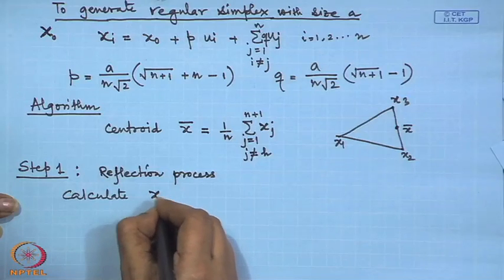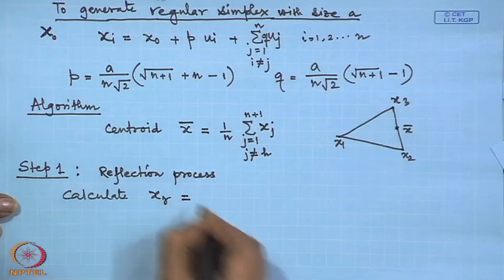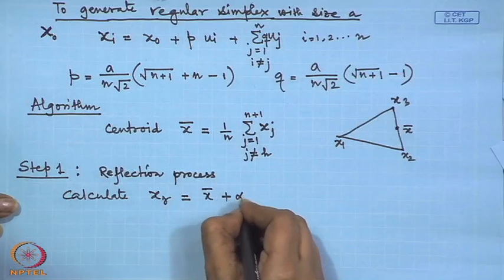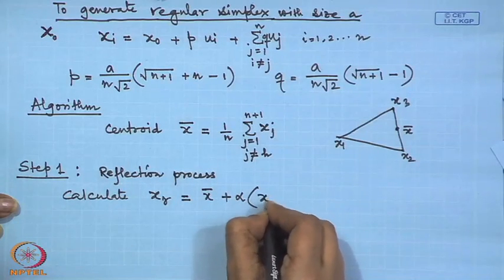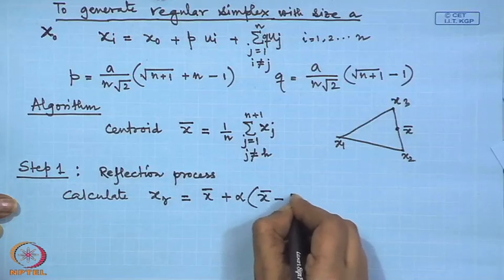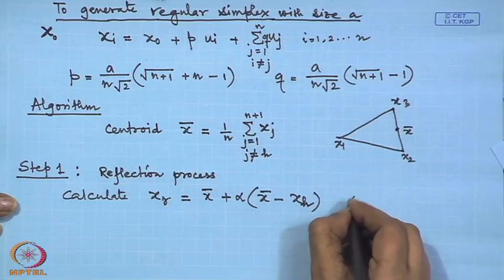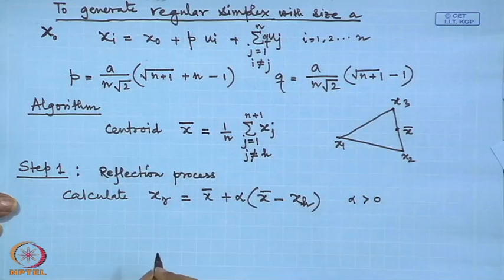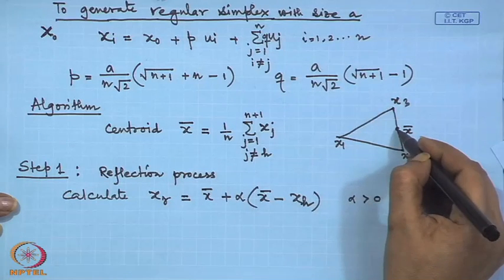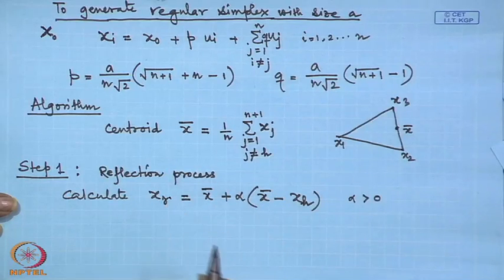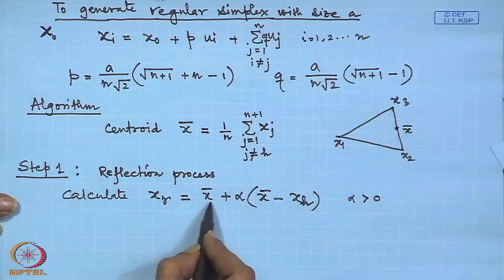We will calculate xr is equal to x bar plus reflection parameter alpha into x bar minus x h. Now here alpha has been considered as greater than 0. Here x bar is the centroid value without x h. That means we are generating another point xr. Where will it be?